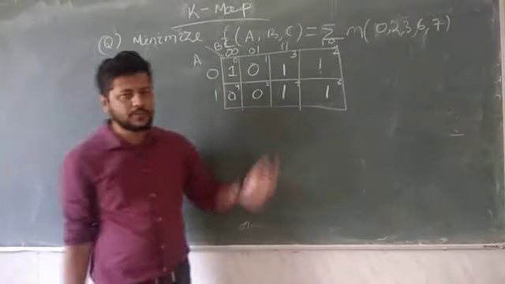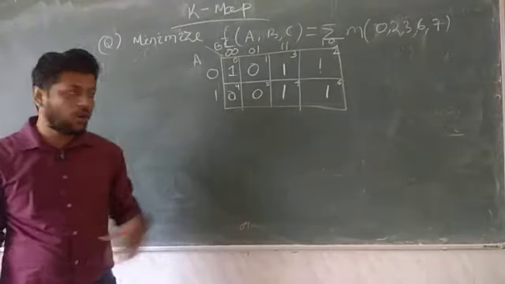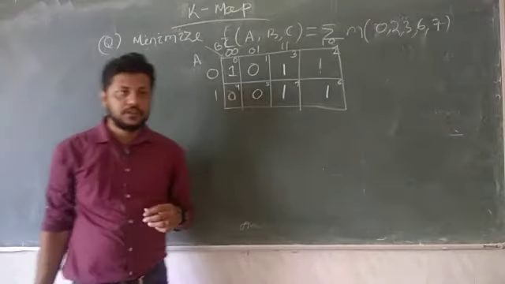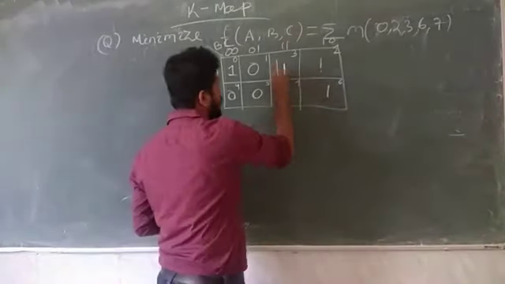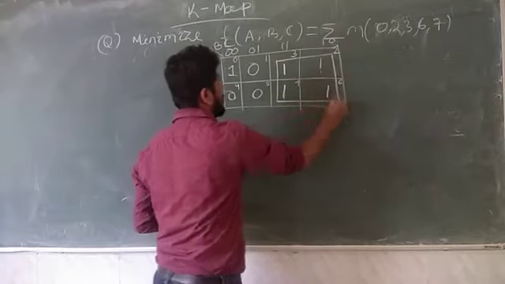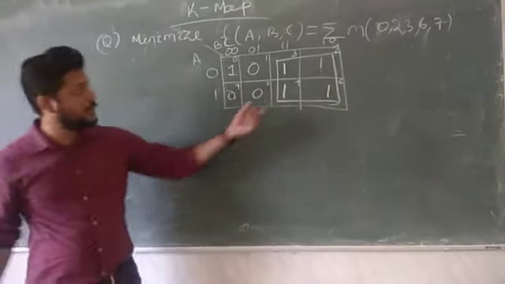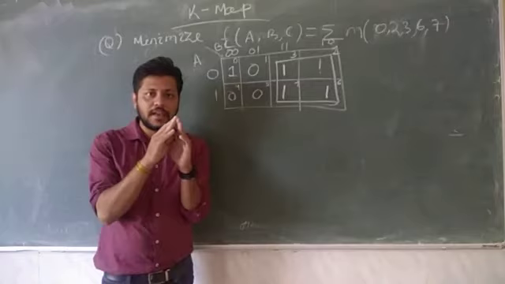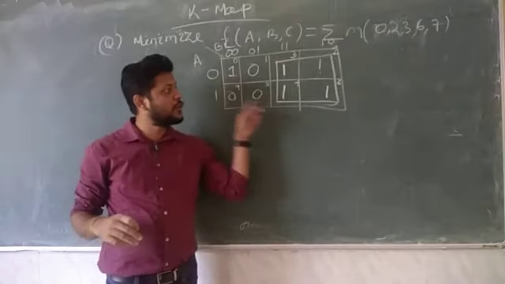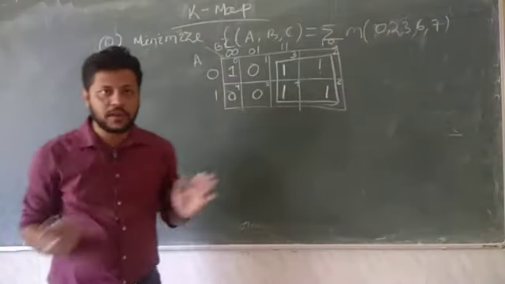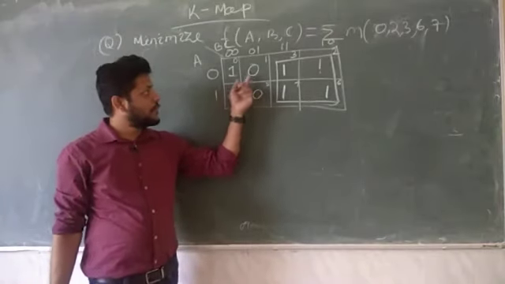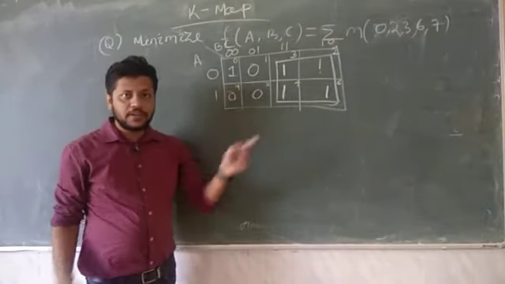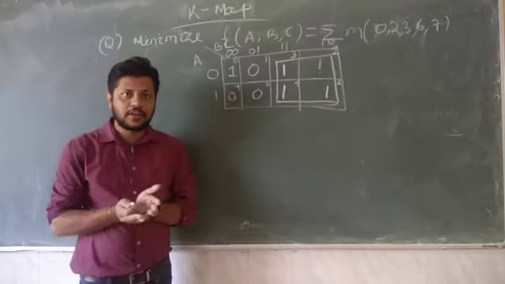In sum of product expression, you need to combine all the adjacent ones. First we have to see whether it is possible to combine all the 8 cells. This is not possible, because we have 0 here. If all ones were present, then we could combine the entire K-map.